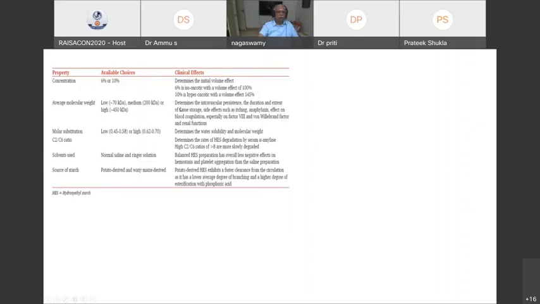What is the difference between iso-oncotic and osmotic? Osmolality and oncotic pressure, are they both same or different? Anybody can answer that? What is the difference between oncotic pressure and osmotic pressure or osmolality?